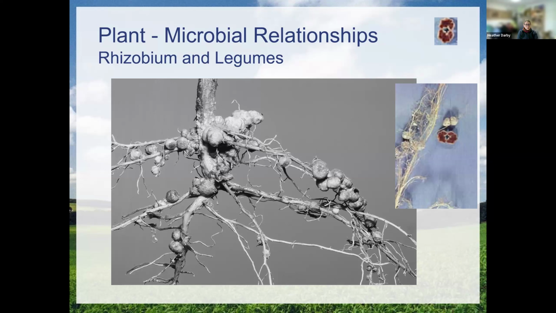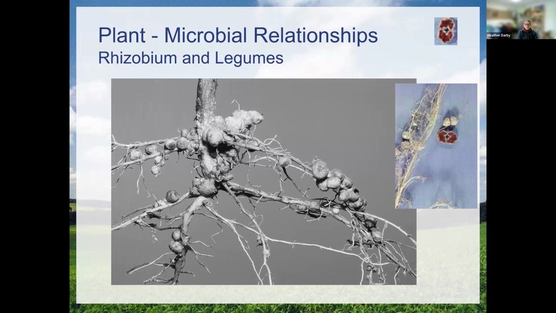But for most of the legumes, or most of the forage legumes, I guess, the bacteria is a rhizobium. For soybeans, it's a different bacteria, but mostly it's a rhizobium species.